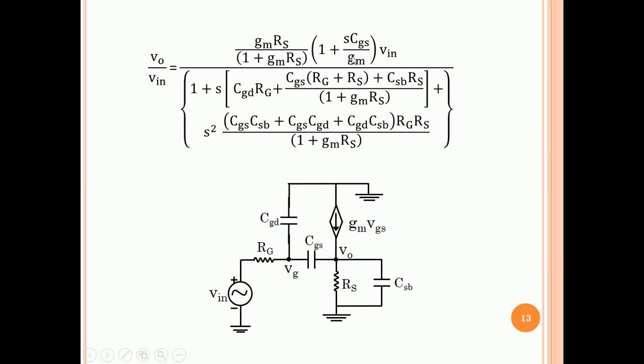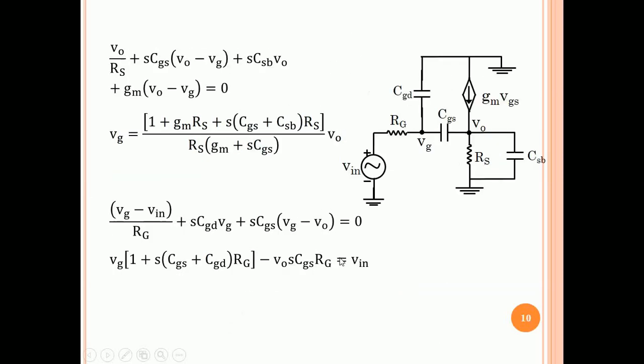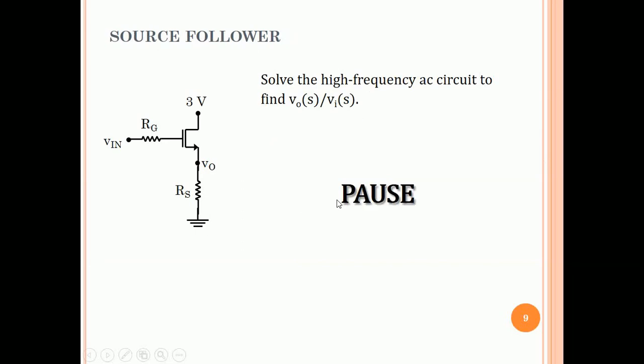Let me talk a little about the 0. This is SCGS by GM. A 0 occurs in a transfer function when there is a path between the input and the output that is parallel to the main path. There is a capacitance here between the input and the output. That is why a 0 occurs. Let me go back to this circuit.